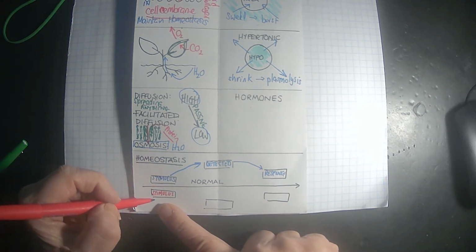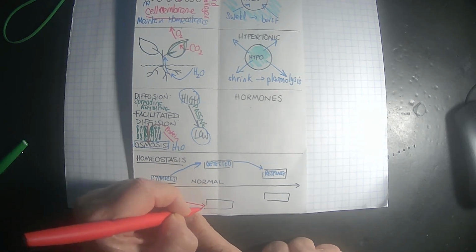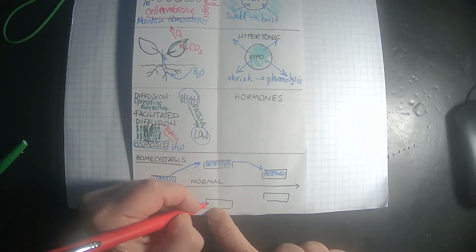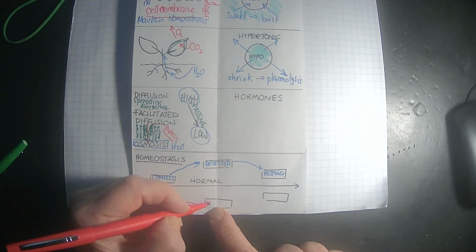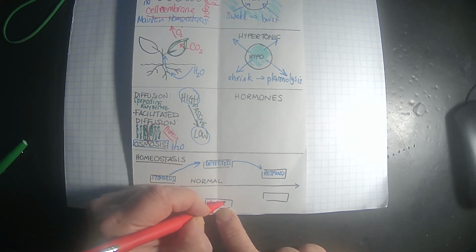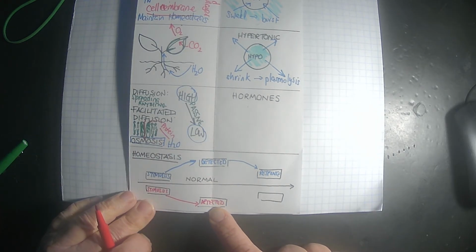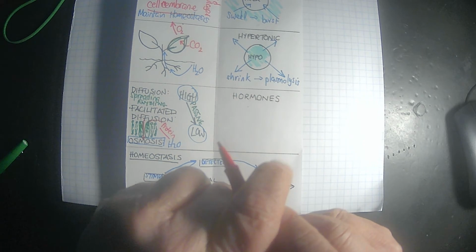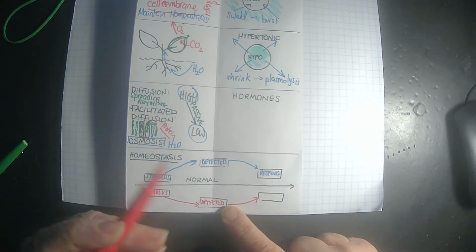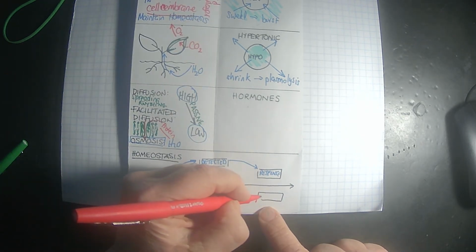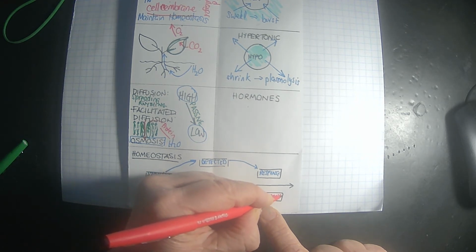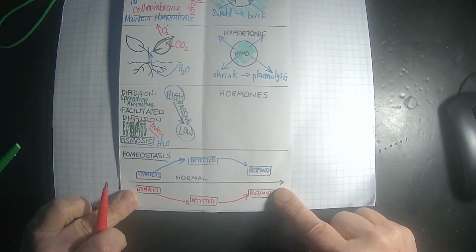So the stimulus can go down. So you could have been working out really hard and not eating anything, and that again would lead to a low blood glucose stimulus, which would be detected by your pancreas, and this time the pancreas would produce a separate, different hormone called glucagon, whose job is to put extra glucose back into your blood, so you have a response. So you can see it can go either way. It can go up or it can go down.